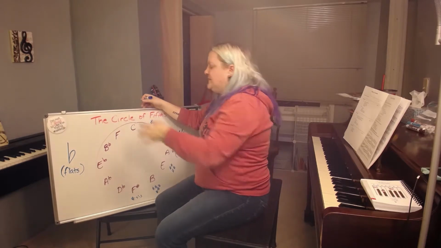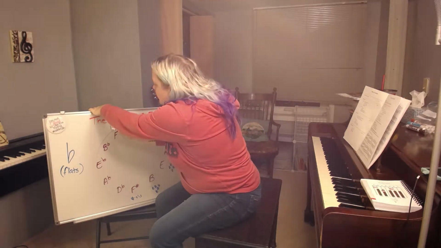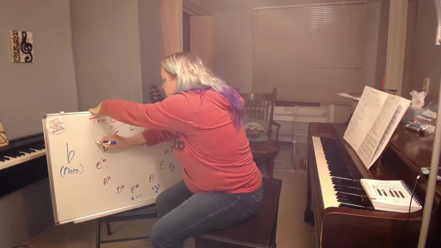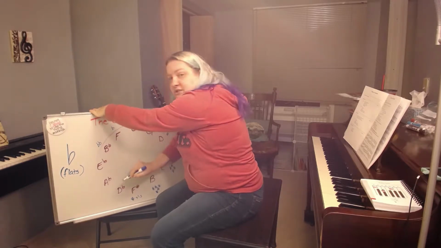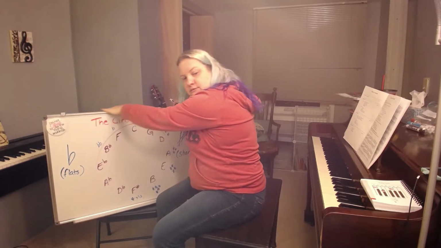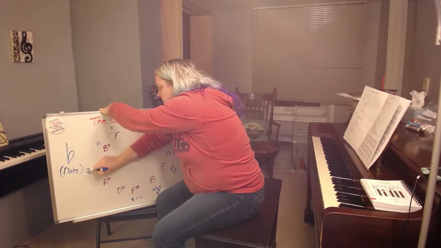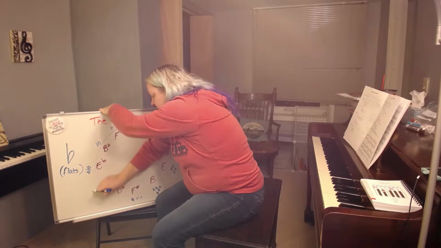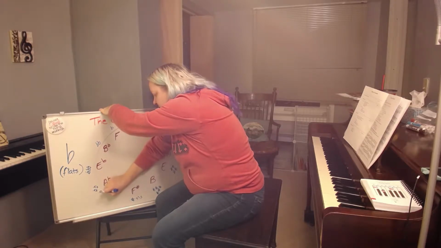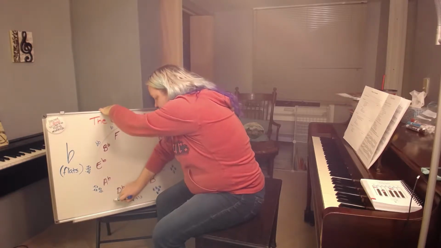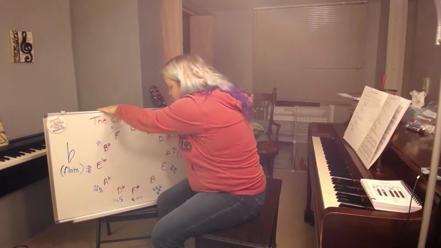Going to the left, we have F, which has 1 flat, B flat, which has 2 flats, E flat, which has 3 flats, A flat, which has 4 flats, and D flat, which has 5 flats.